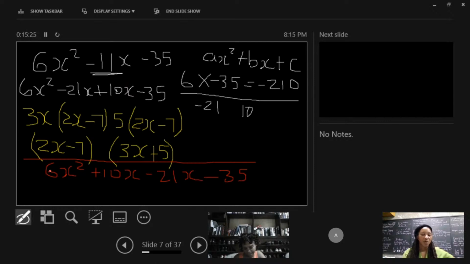And so grouping the like terms now, we have 6x squared. 10x minus 21x is negative 11x. And we have minus 35. So there we have our original expression, 6x squared minus 11x minus 35, right? So that's how we know we are correct.